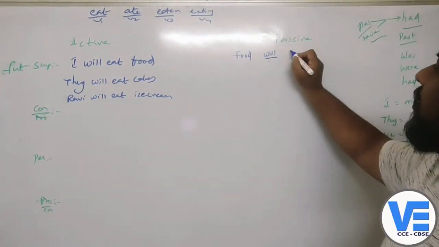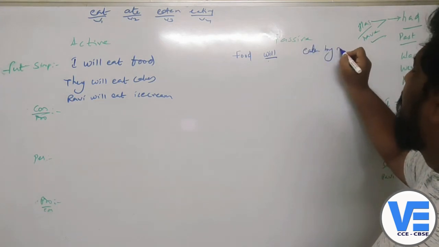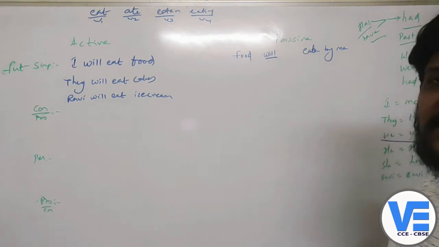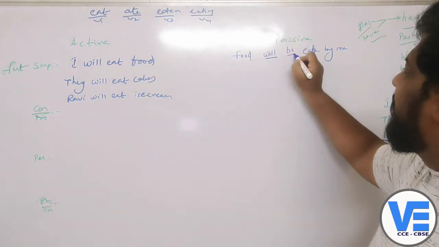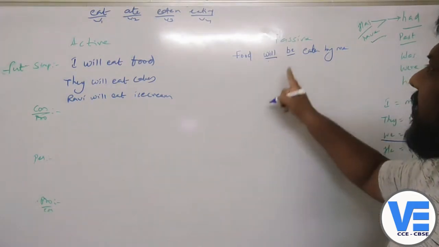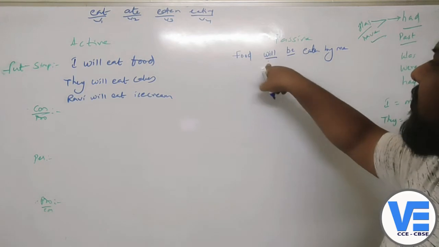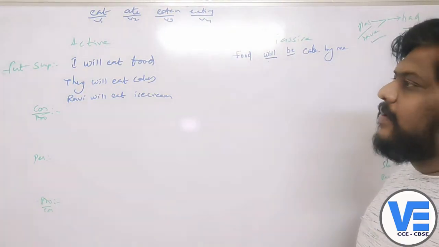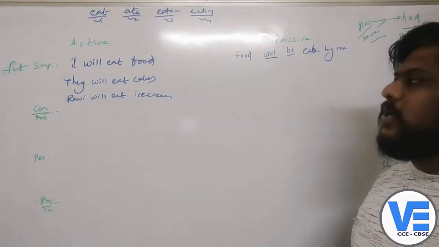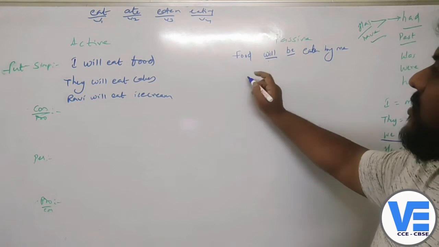So food will eaten by me. Now if you write like this, it doesn't mean anything. So that's why we'll take one more verb here, the be form. Now if you read this sentence properly, food will be eaten by me. So this is the right passive voice for the future simple. Now can you guess the next one? They will eat cakes.